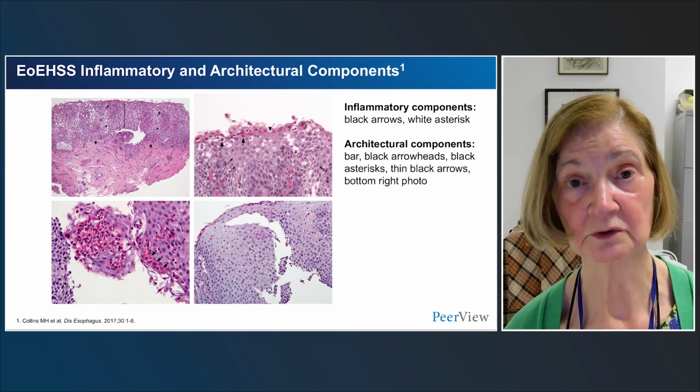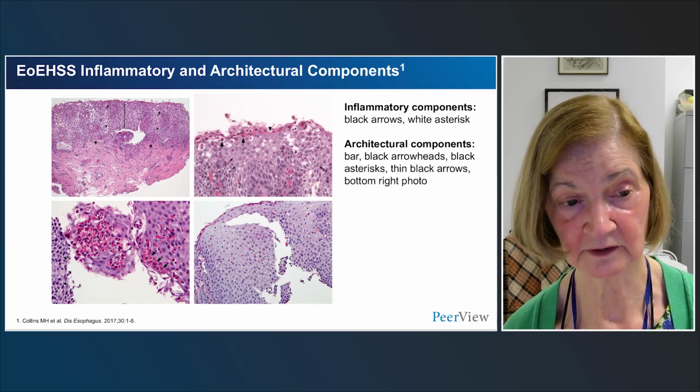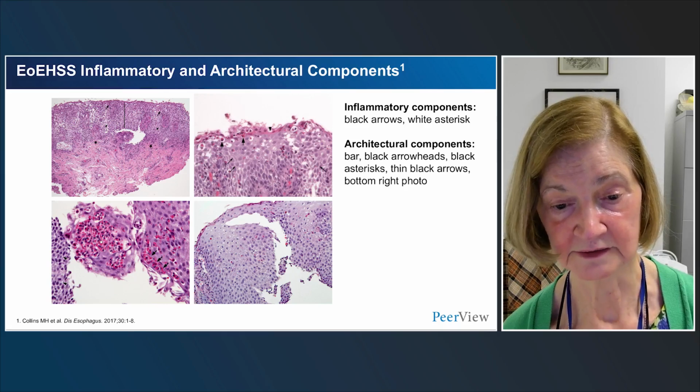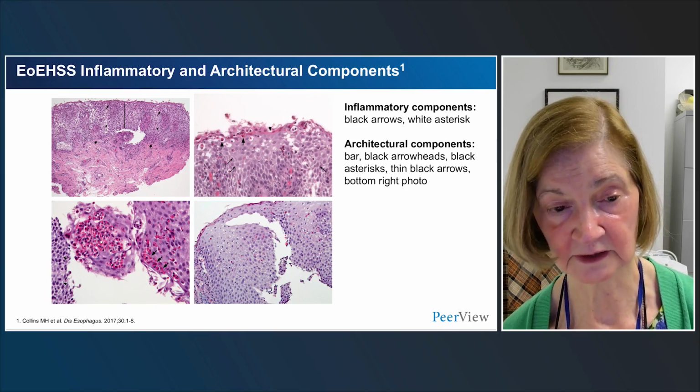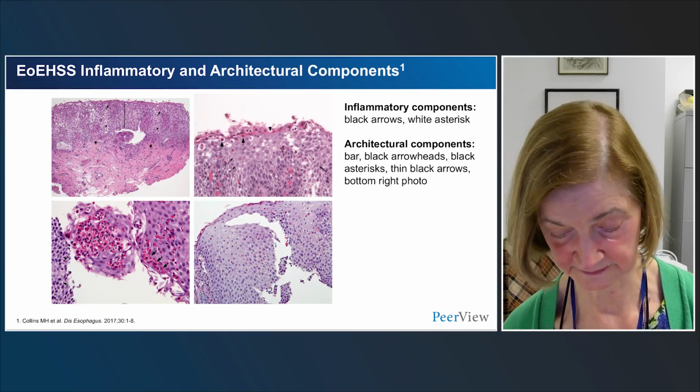The architectural or the structural changes are comprised of basal zone hyperplasia, dilated intercellular spaces, and dyskeratotic epithelial cells, along with lamina propria fibrosis.